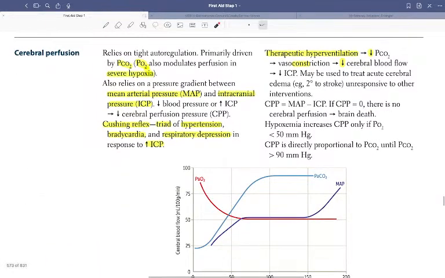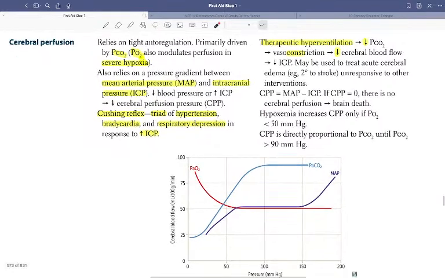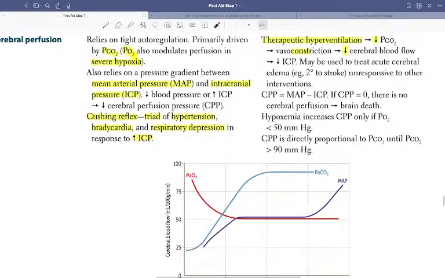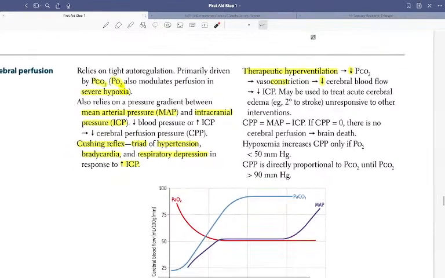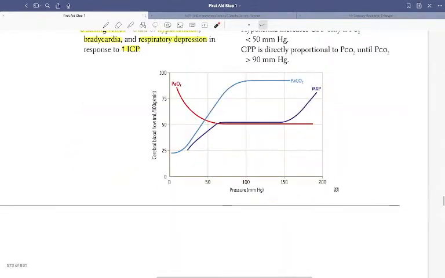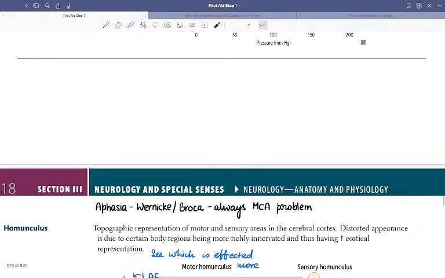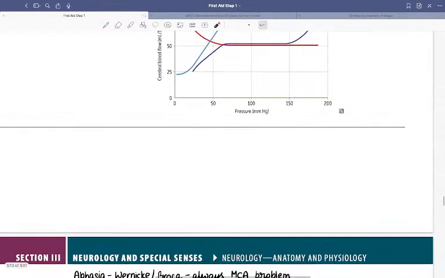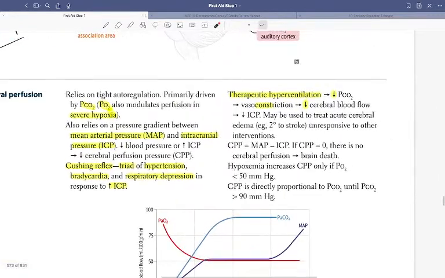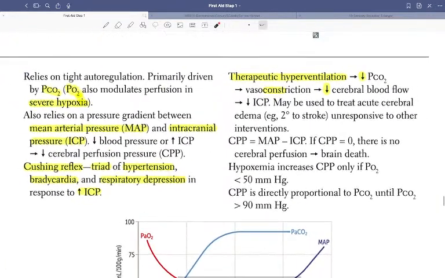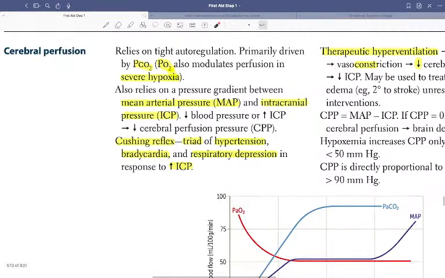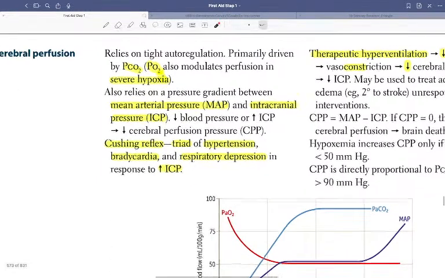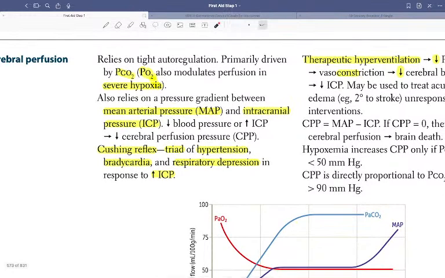Next is this. This is very important from the surgery and anesthesia point of view, and for cerebral perfusion. So this is quite significant. Cerebral perfusion has tight autoregulation and is mainly driven by PCO2.